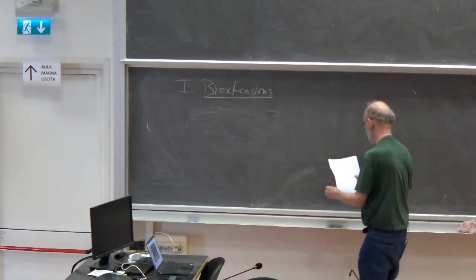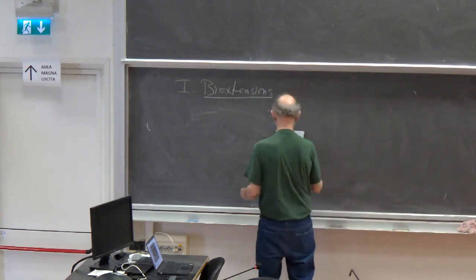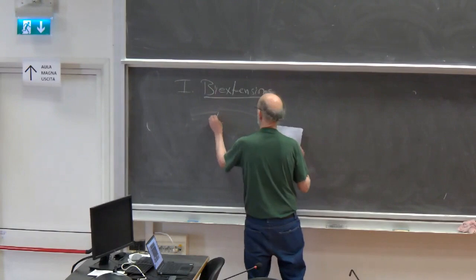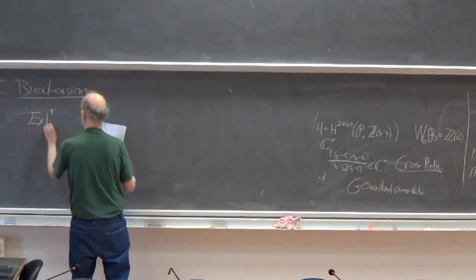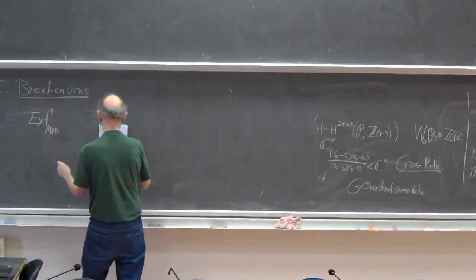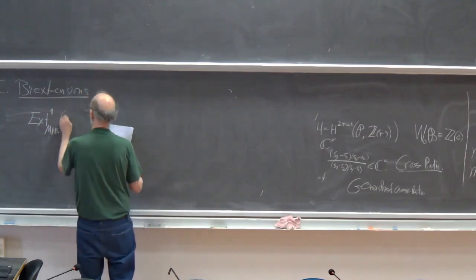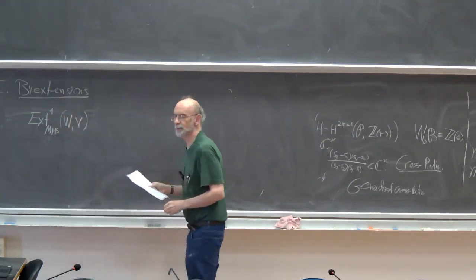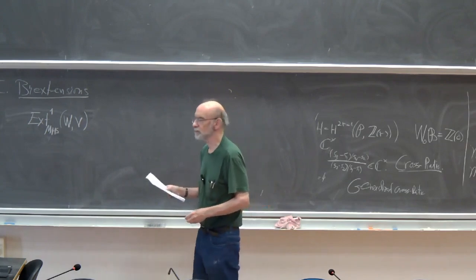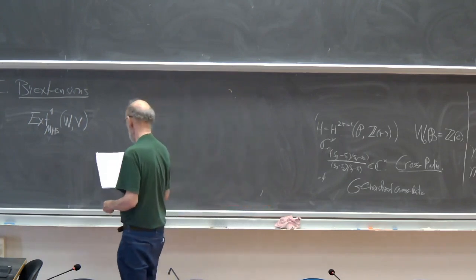So the general result is the following: Ext1 in the category of mixed Hodge structures, of W and V. Here, let me assume W and V are pure Hodge structures. I don't need anything more than that.